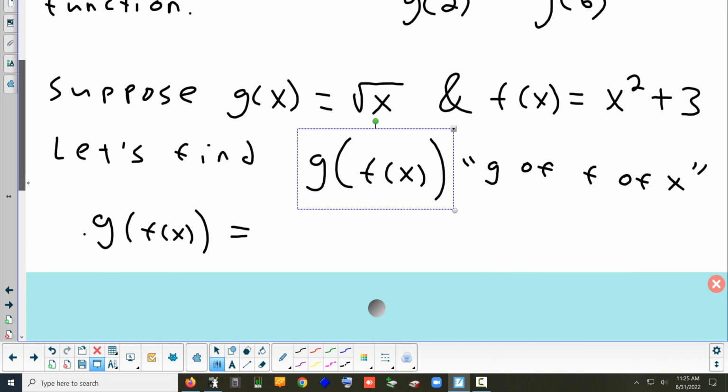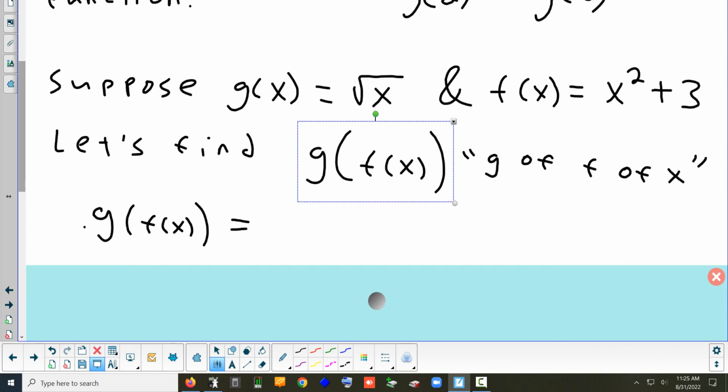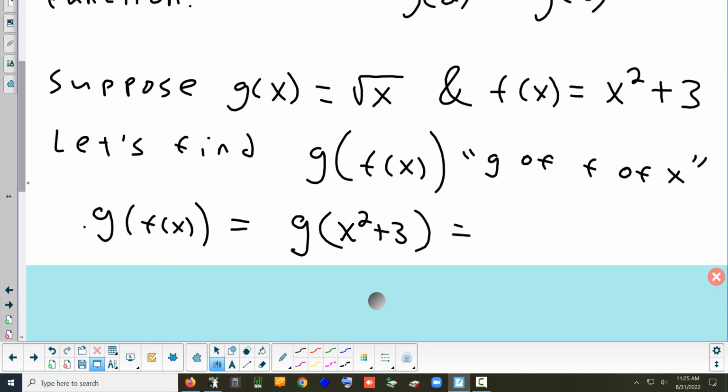So what that means, if we break it down a little bit, is in the g formula, you're going to replace it with, what's f of x? X squared plus 3. That is what you're changing every variable to in the g formula. Change all the variables to x squared plus 3.